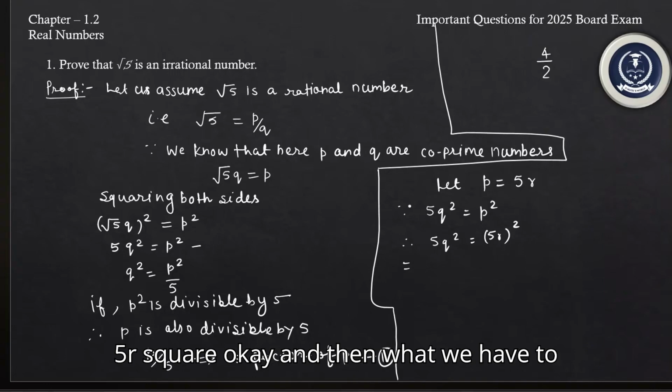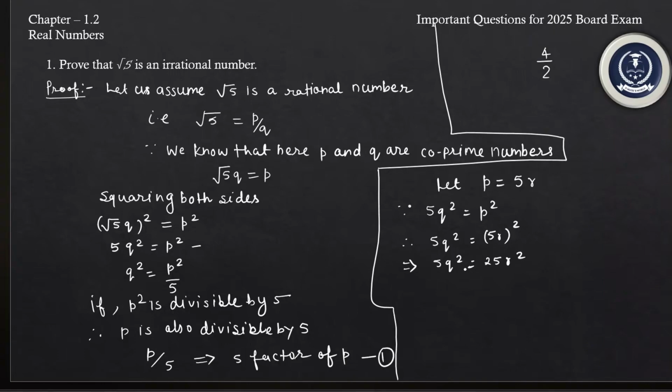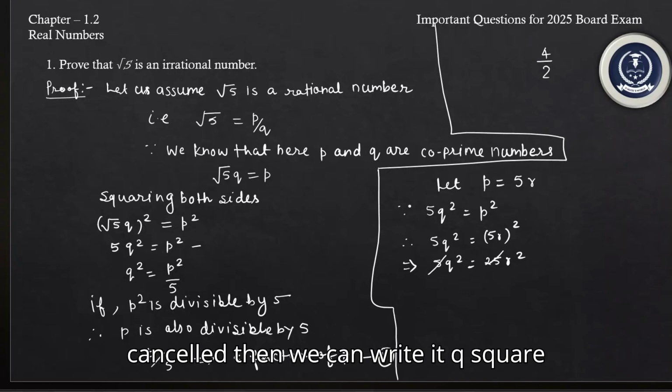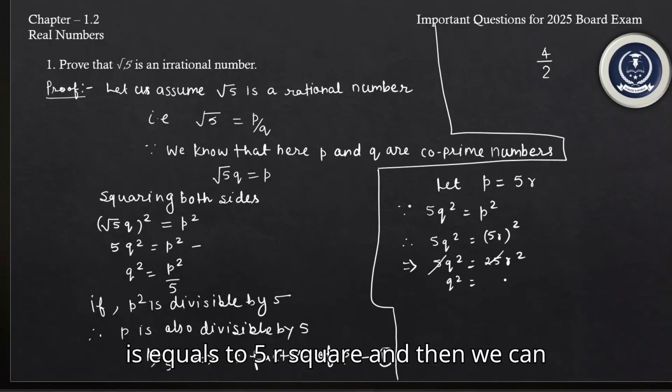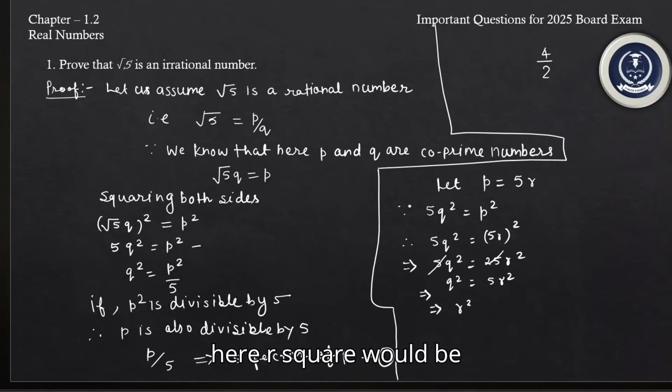Then it would be 5q square is equal to 25r square. This one would be cancelled, then we can write q square is equal to 5r square, and then r square would be q square over 5.